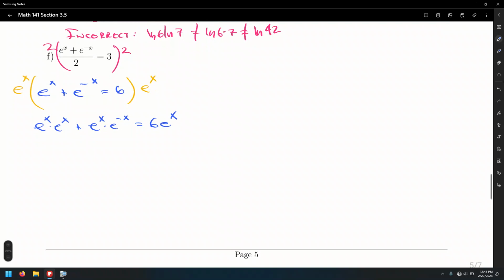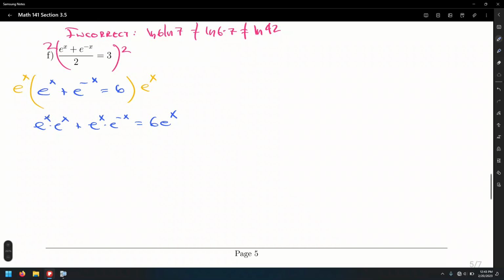Well, we have the same base, and so that means we can use laws of exponents. That is a to the m times a to the n, add the exponents: e to the x plus x, and e to the x minus x, and here is where that exponential is just going to go, equals 6e to the x.